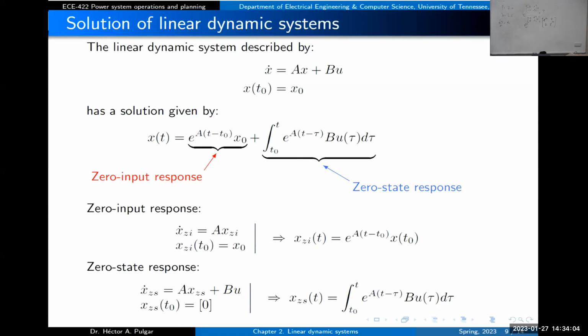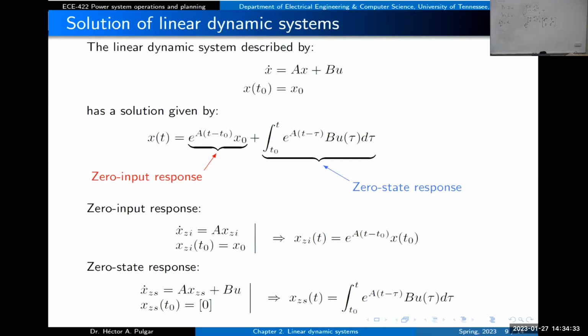Because this is a linear system, you can study the parts independently. One thing you can do, you assume that you don't have any input, and you calculate this part first. And then you assume that you don't have any initial state, and you calculate this part as a second part. And then you add the two solutions, and that will give you the solution x(t).